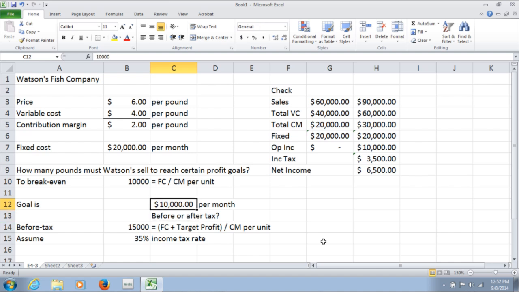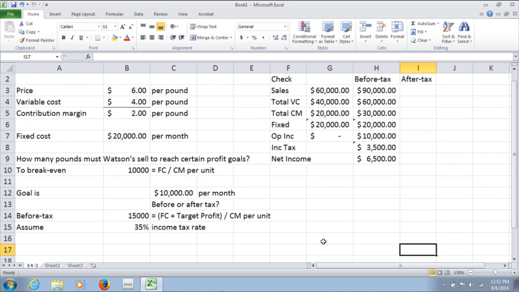So if we're talking about an after tax goal, what we're going to have to do is convert this 10,000 into a number that's greater than 10,000, so that we end up with over here that income of 10,000, not 6,500. So this would be before tax. If the goal of 10,000 were before tax, after tax would be a different and presumably a higher number.